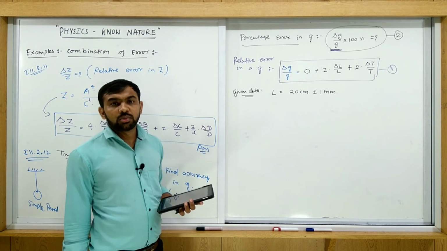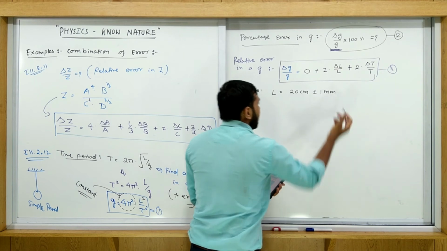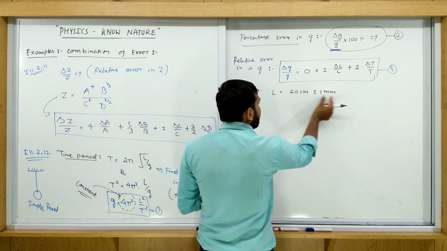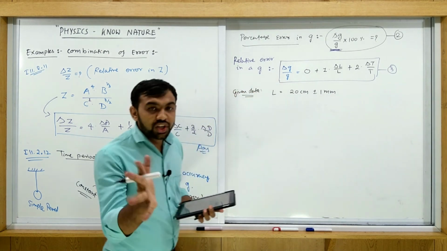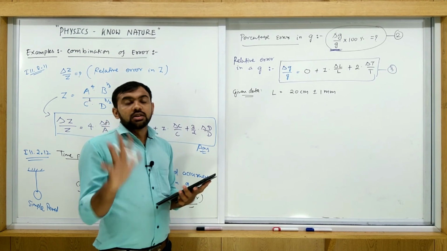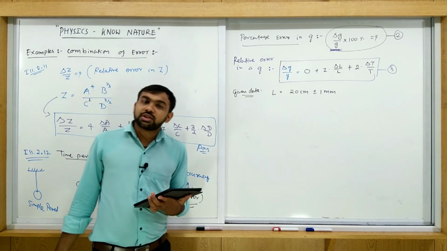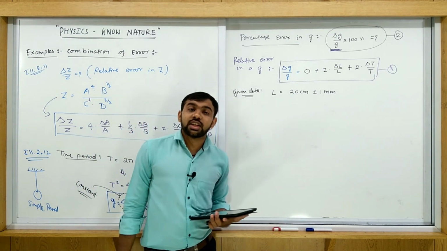It means plus or minus 1 mm. But this unit is centimeter and this one is mm. Both are required in the same units. The summation of different units is not possible, so you must convert both values to mm or both to centimeter.